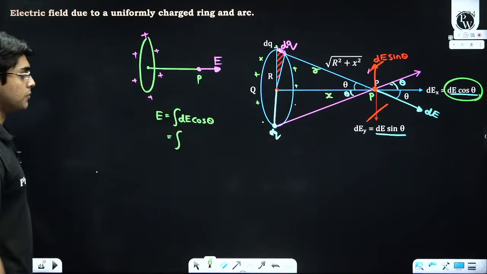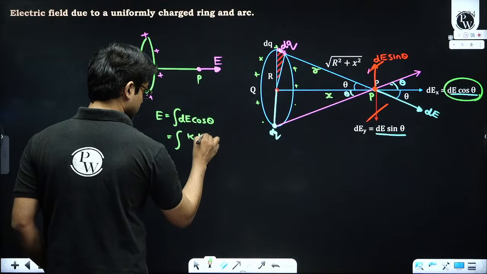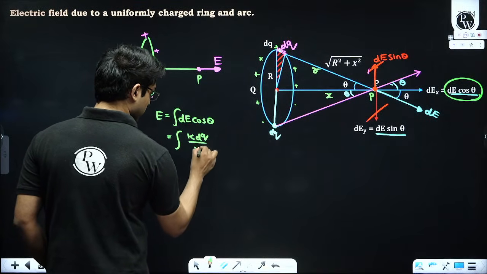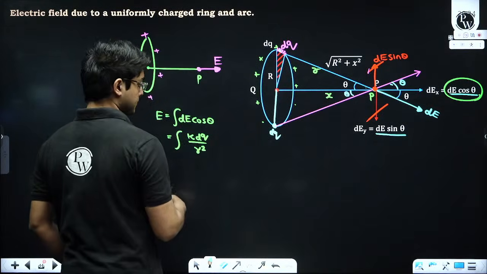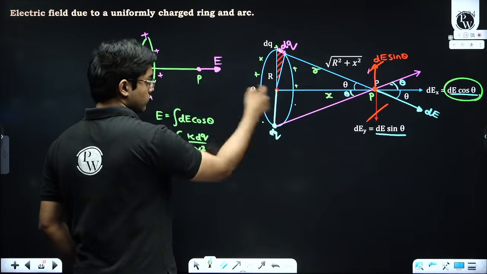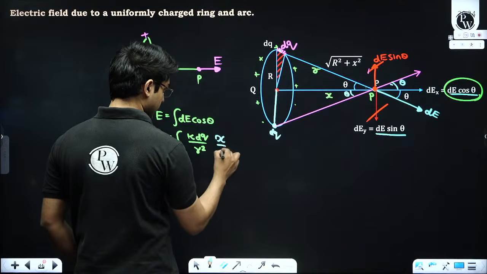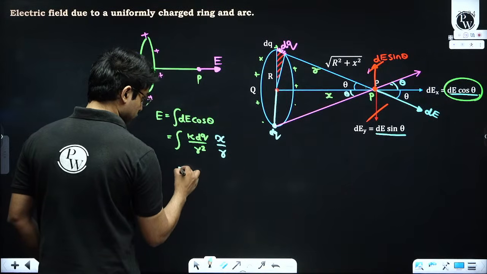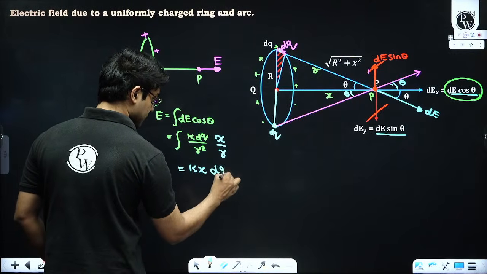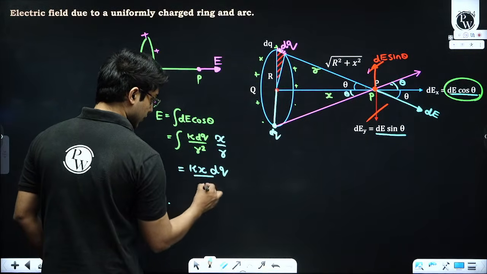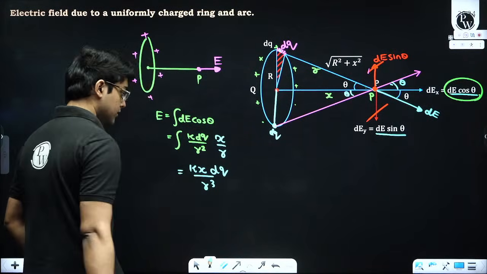So dE I can write as k dq divided by small r squared. And cos theta is x divided by small r. So this will be k into x into dq divided by r cube. This is the electric field.